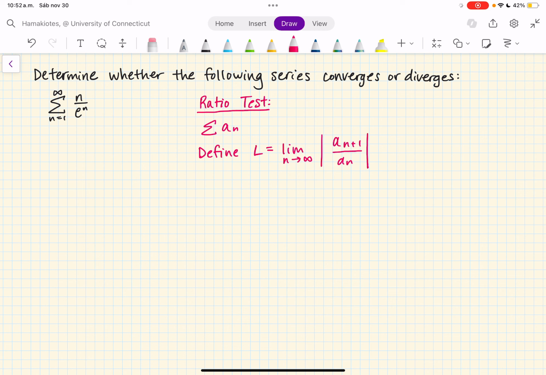So I'm defining this limit. If L is equal to that, then depending on what L is, we can tell whether a series converges or diverges. So first, if L is less than 1, then the series converges.